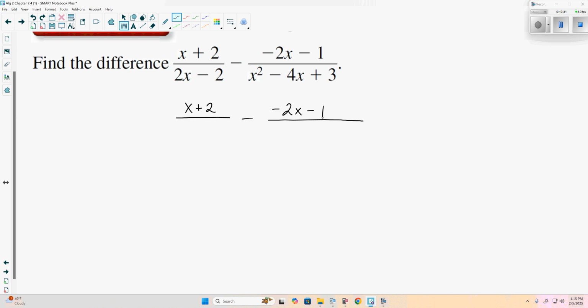The reverse is true. The denominators, we're going to factor them. So our 2x minus 2 is the greatest common factor of 2. Now, once we do the multiplication step, we could multiply through. But if there's something in common on top and bottom, we'll have to factor the denominators back out.